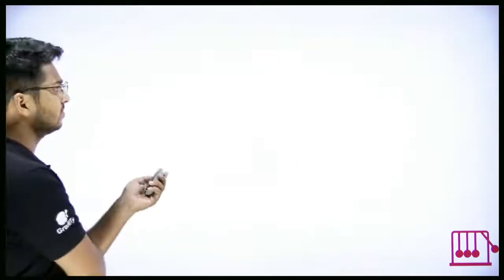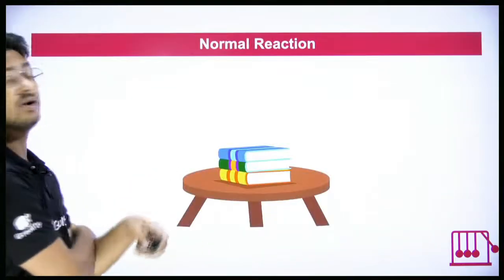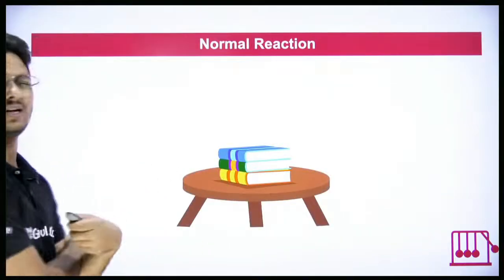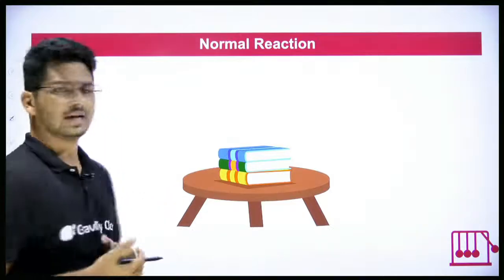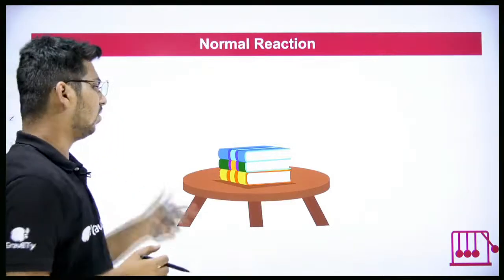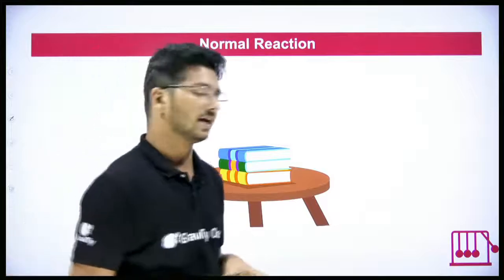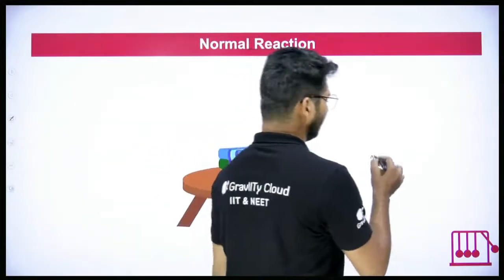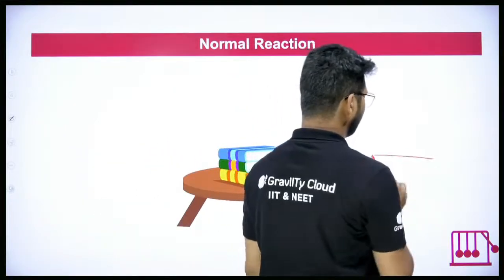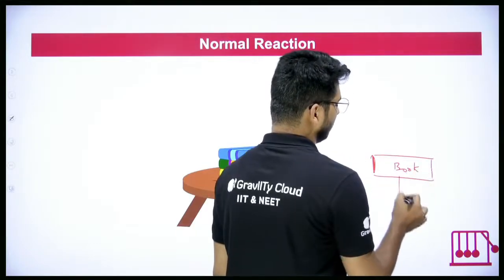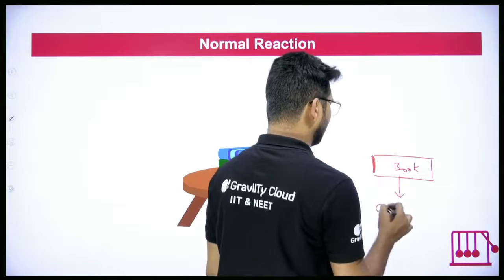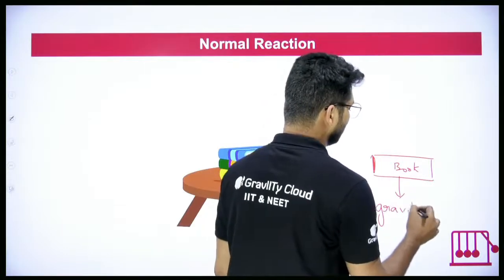Now, that was spring force. Now we'll go into normal reaction. What is normal reaction? Look at these books. These books are placed on a table. Now, on these books, what are the forces acting? You can take one book, for example. Imagine that there is one book placed on a table. Everyone knows that's a gravitational force.